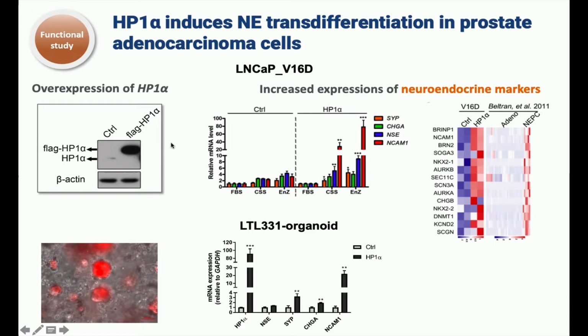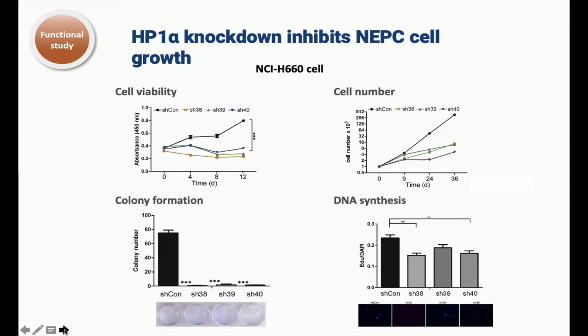She overexpressed HP1 alpha, and she can increase the neuroendocrine marker expression. And of course, marker expression is just a surrogate parameter, so it's not too much. And she also knocked down the gene in NEPC cell lines. What she found is the cell viability, cell numbers, colony formation, DNA synthesis, whatever you can think about.